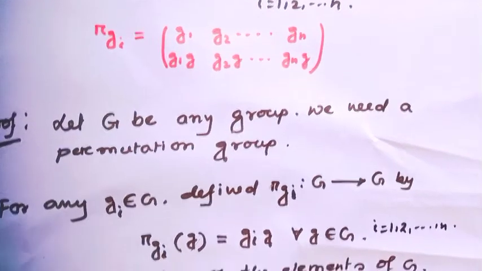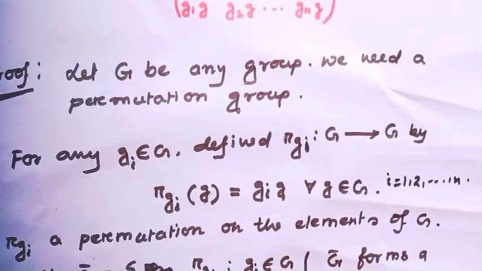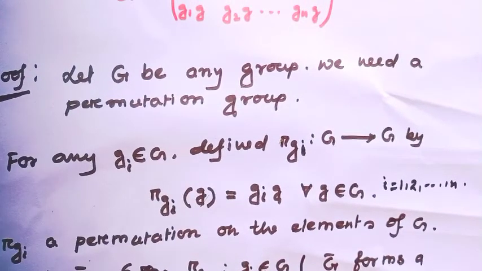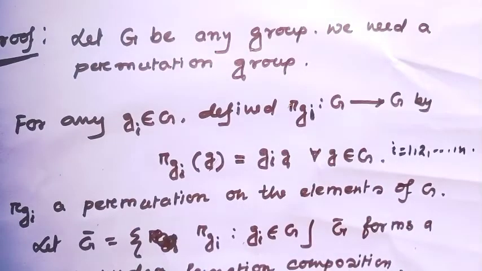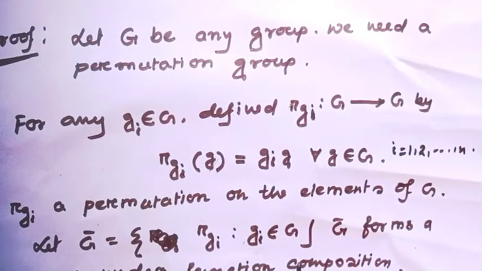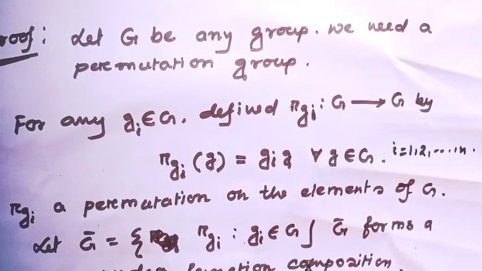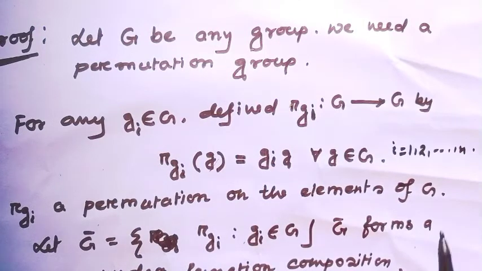Okay? Then pi gi is a permutation on the elements of capital G. Now let us consider G bar. G bar equals the set of all elements pi gi, where gi is a member of the group capital G, and G bar forms a group under function composition.